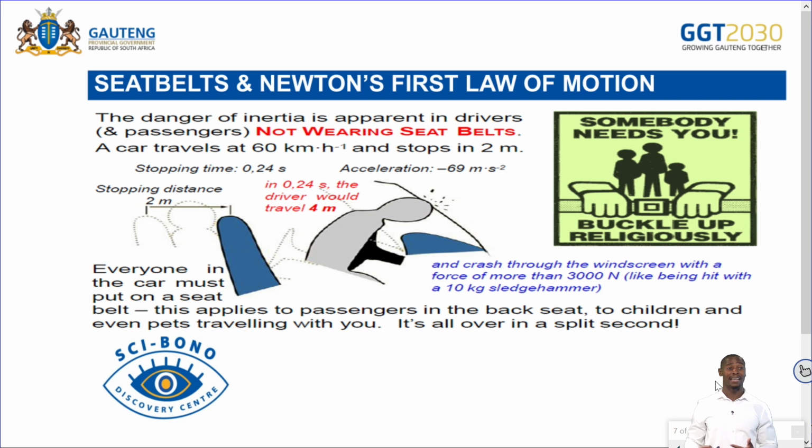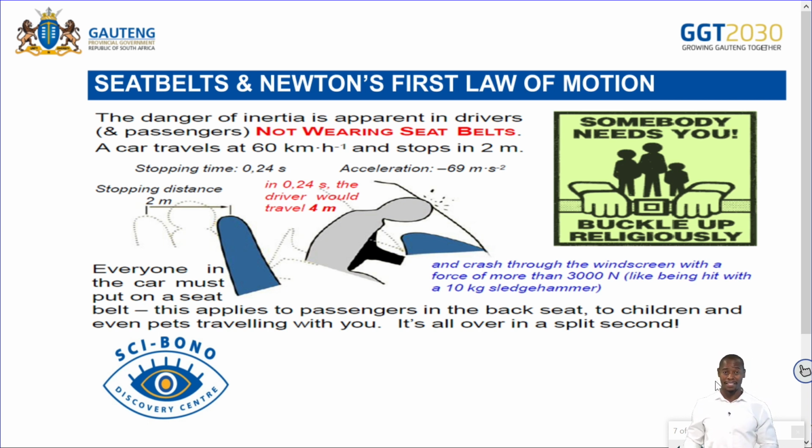That is one of the importance of wearing a seat belt, explained using the law of inertia, or Newton's first law. Another example, I think learners have experienced this. Let's say you are standing on a bus, and the bus is stationary, so you are also stationary.